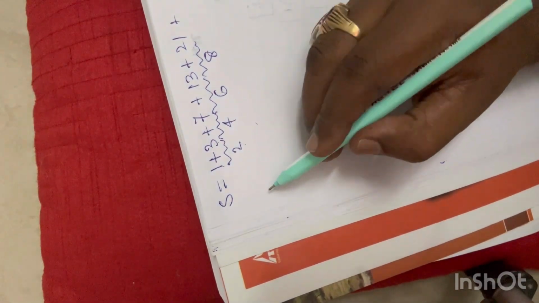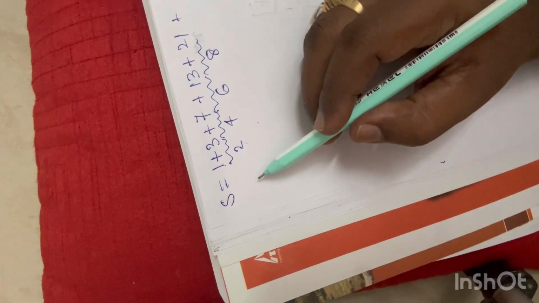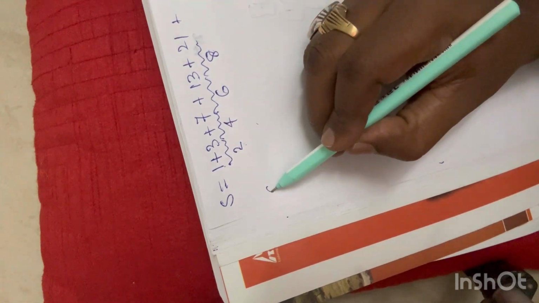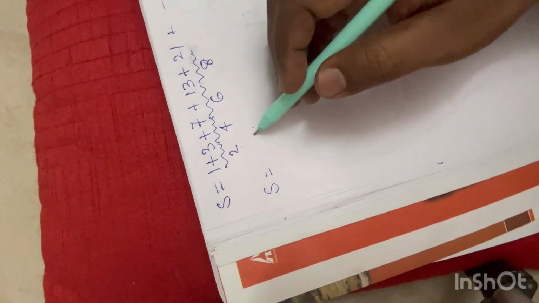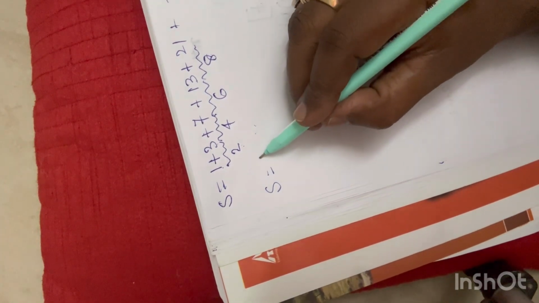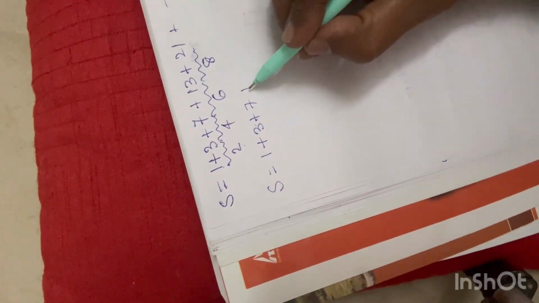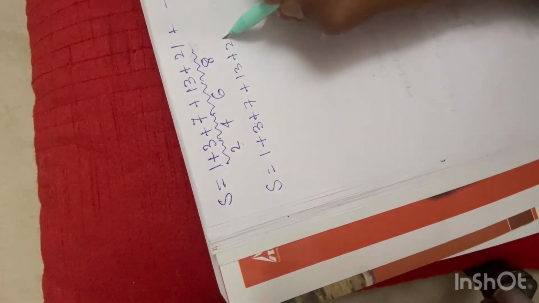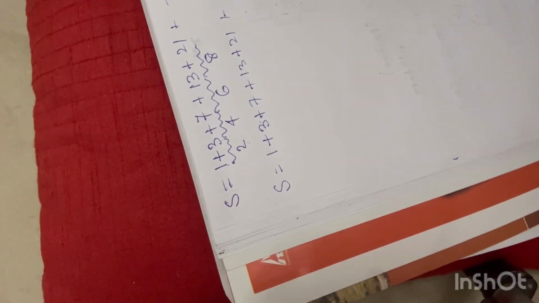To solve it, there are a few more tips to be followed, and in the process you need to use those direct formulas. Now what I do, I will write the terms the same way, only I will go up to the nth term, let it be Tn.